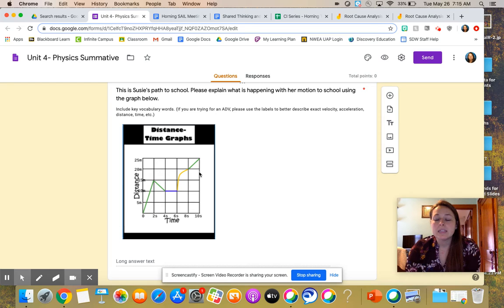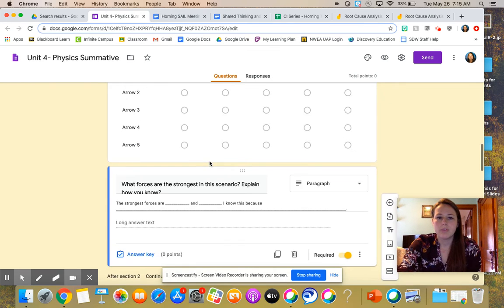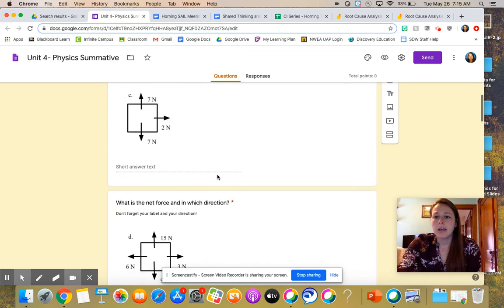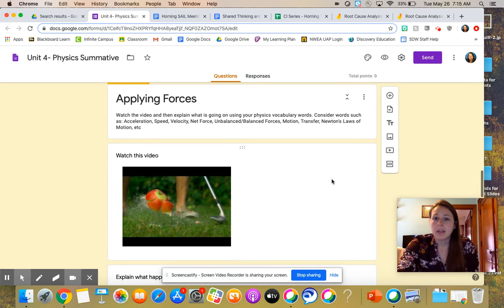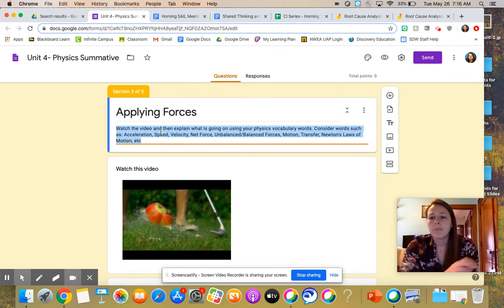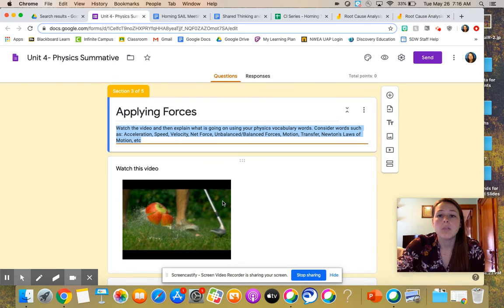None of the answers are only one answer is right, with the exception of these force labeling one. Other than that, they're pretty open-ended. So there's a lot of correct answers. Notice also I had the vocab words up here. They're really open-ended so that you can answer in the best way that you think you can.